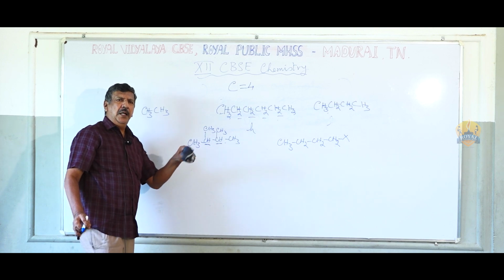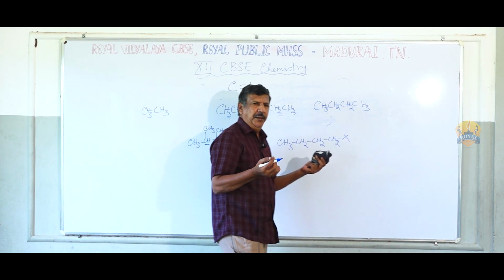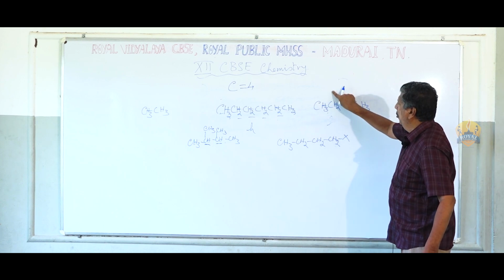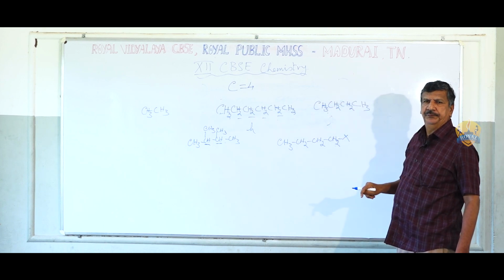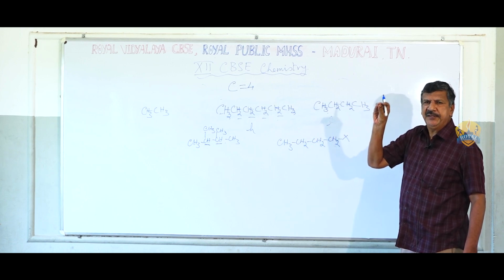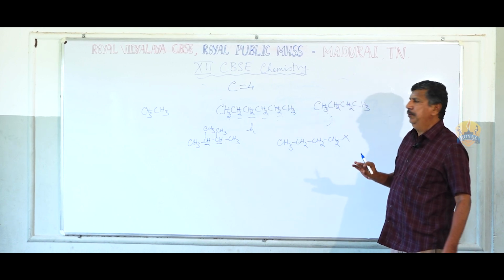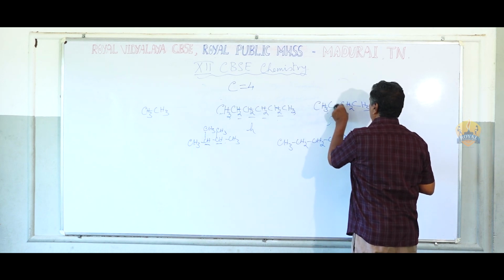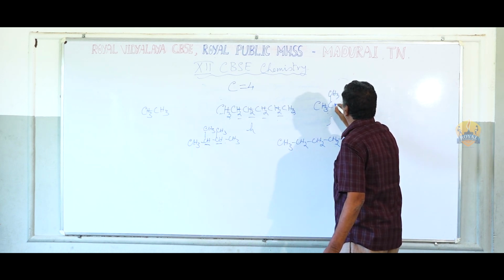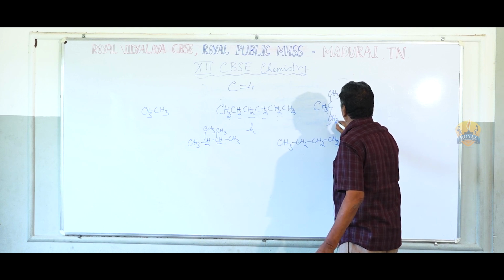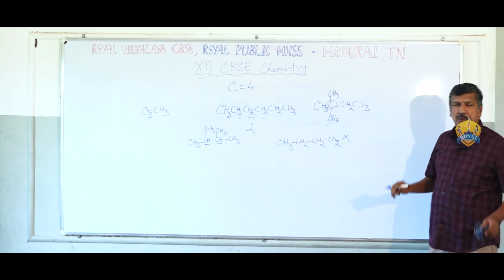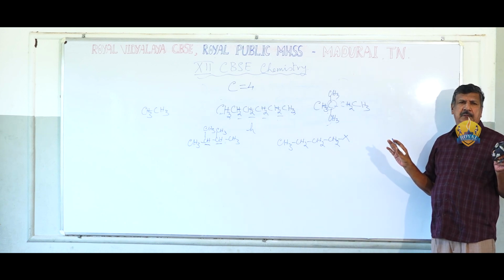Then the third option, somebody can ask me, sir, I want to introduce 2 groups on the same carbon. You can do it. How is it possible? Like this. If you want to introduce 2 groups, you have to remove both the hydrogens.